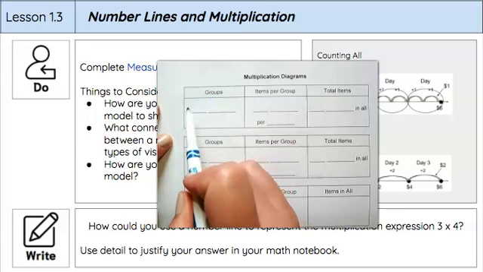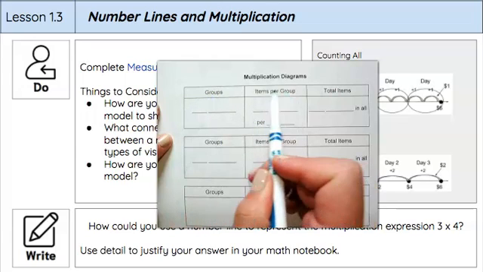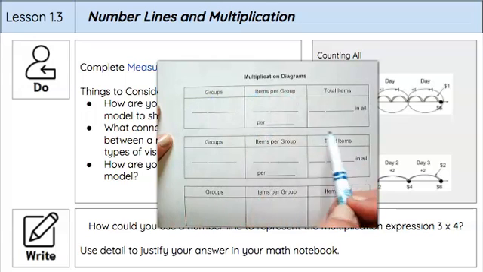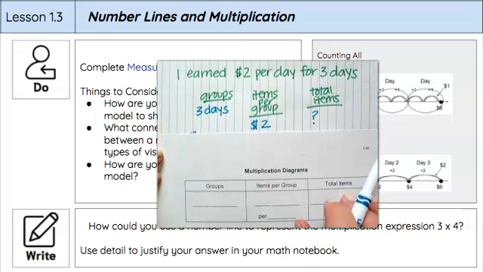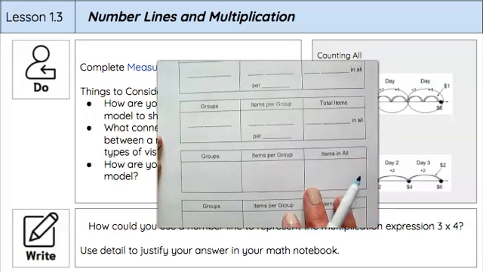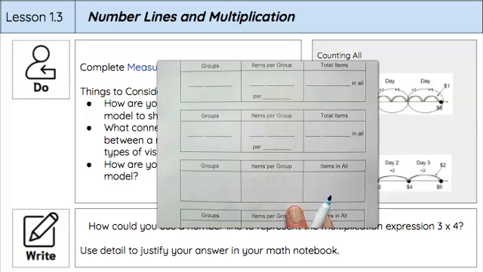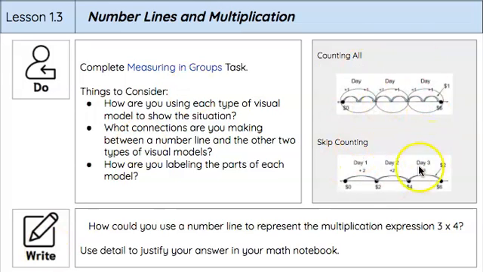It helps you identify the groups, the number of items per group, and then your total items. That was the first thing we did with our problem today. Feel free to use this resource if it helps you when you're doing multiplication. I included some number lines on the learning plan to help you if you get stuck. And then finally, move on to the right section of your learning plan.